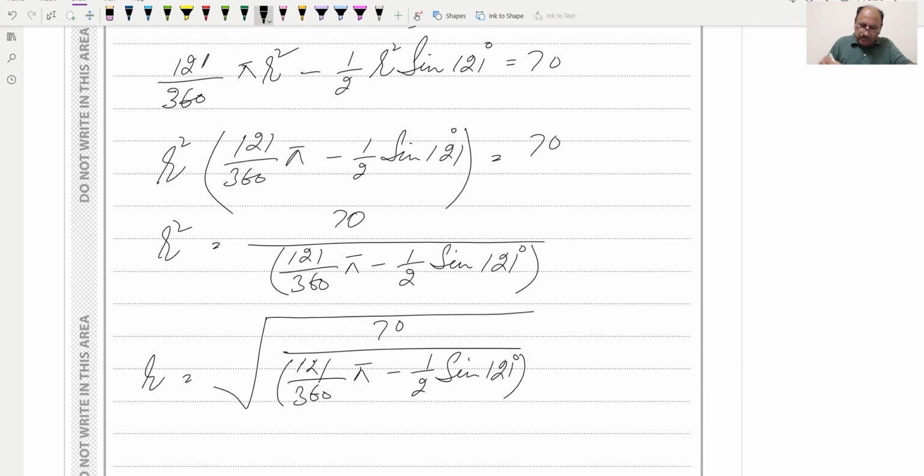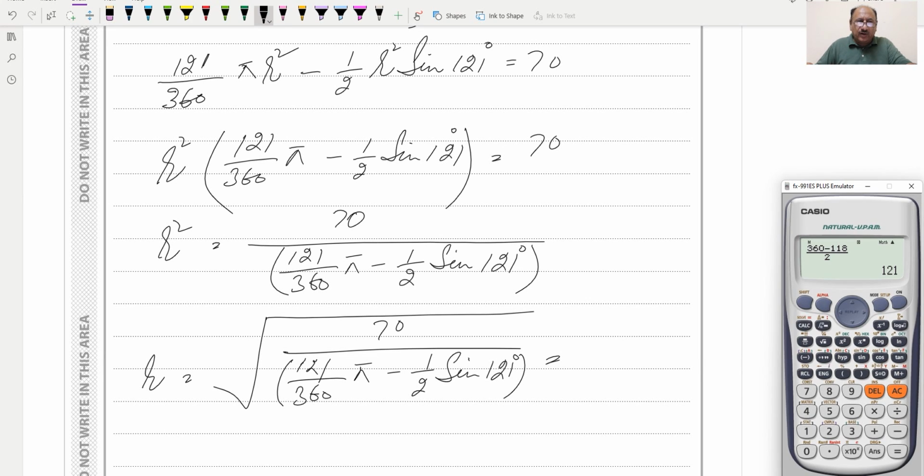We can write it in r format: r will be the root of 70 over 121 over 360 pi minus 1 by 2 sine of 121 degrees. On the calculator, enter the root of the fraction 70 over the fraction 121 over 360, times pi, minus 0.5 sine of 121.